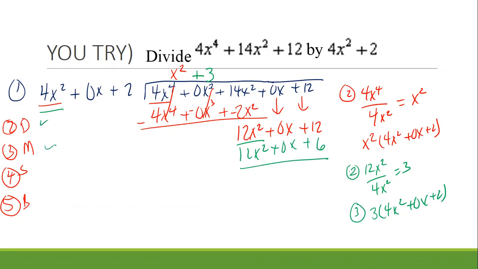I've divided, I multiplied, I subtract now, changing the signs, and that gives me 6. So I have a remainder of 6. There's no need to bring down because the degree is less than my divisor. So my quotient is x squared plus 3. My remainder is 6.